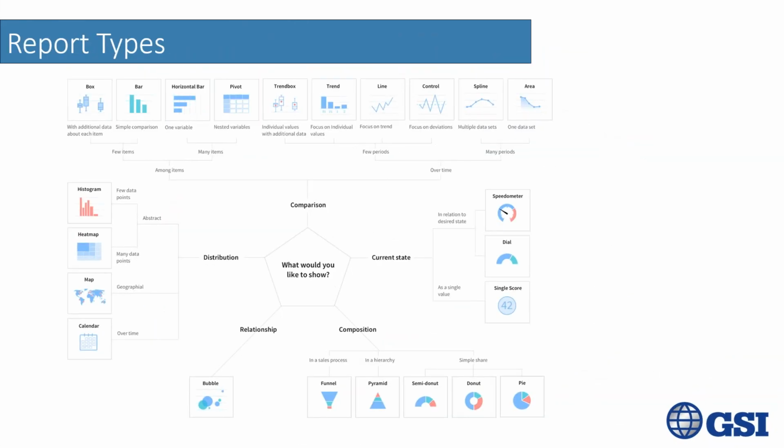ServiceNow out of the box has over 1,000 reports, and those reports make up various report types, going, again, clockwise from top left. You have intuitive, easy to understand bar charts, pivot charts, line charts, etc. You also have speedometer and single score, which is very simple in terms of a roll-up.